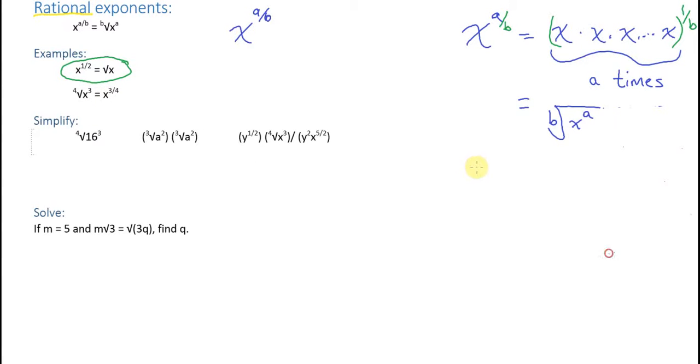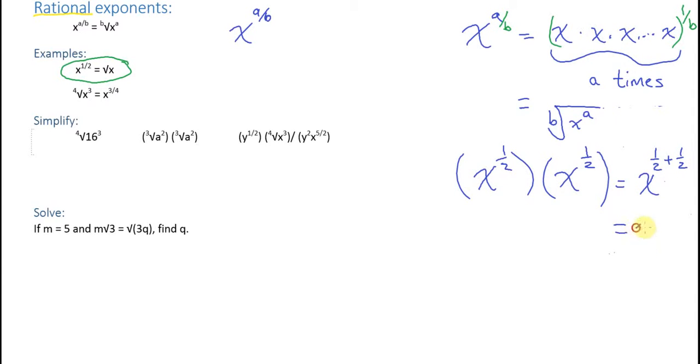So if you have x to the 1/2 times x to the 1/2, well, when we multiply, we add the powers. 1/2 plus 1/2 is 2/2, which is 1.